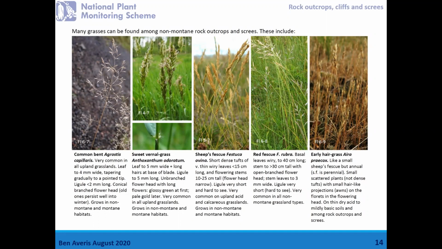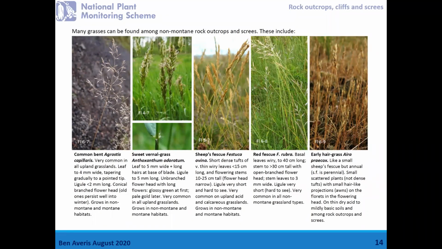But they're very common in quite a range of habitats, and not surprisingly, they come in mixed with rocks as well. Common bent is one of our commonest grasses, with a very delicately, intricately branched flower head.